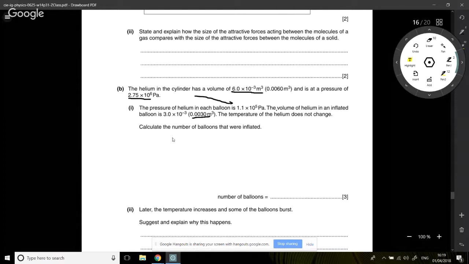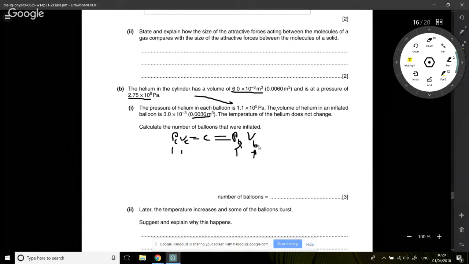So we just basically use PV equals a constant, right? Which is equal to, let's say, cylinder, balloon. So we know this side, we know this, so we can then get that. So then we can get the volume of all that gas.